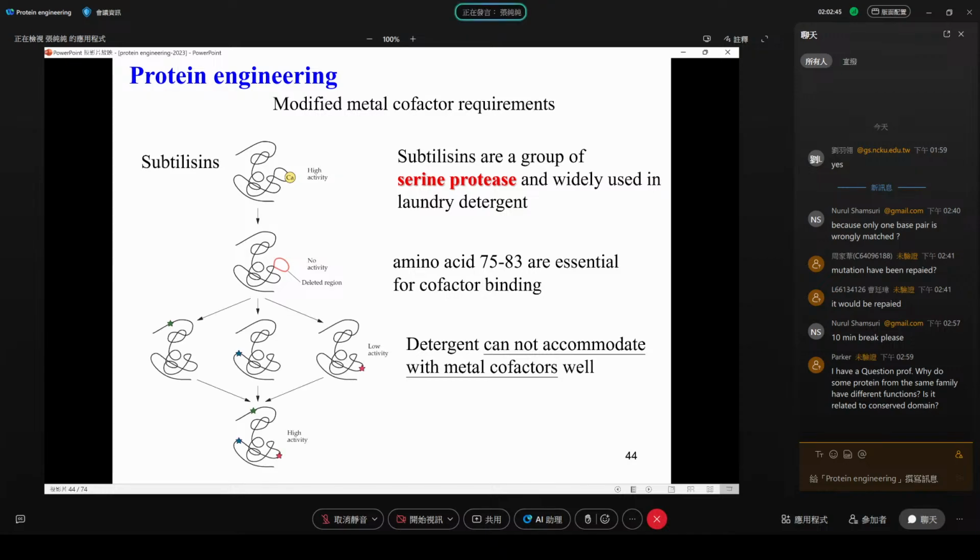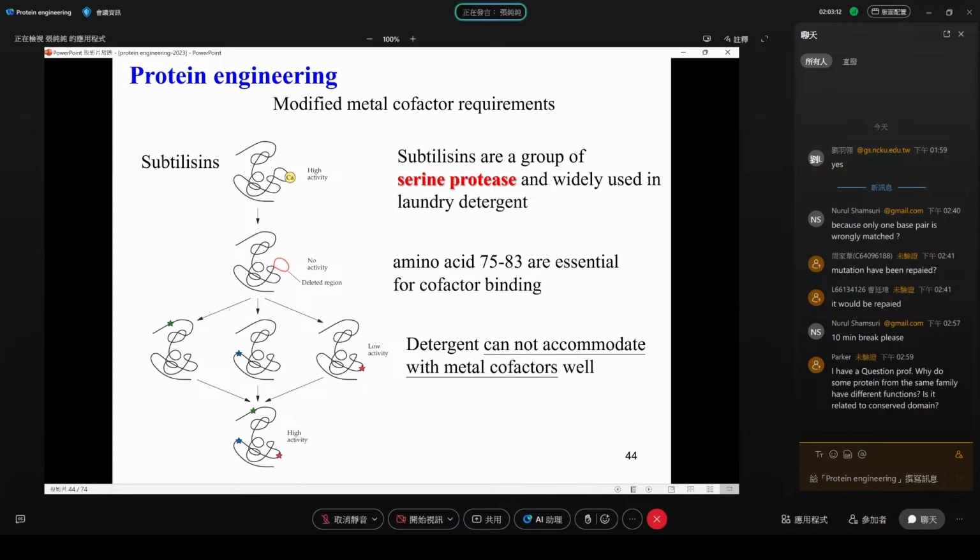But that's actually a lot of work if you just rely on site-directed mutagenesis, because if you think about the whole protein, it has at least 200 to 300 residues. You can only guess which one you want to mutate. So most of the time, the first version starts from error-prone PCR.